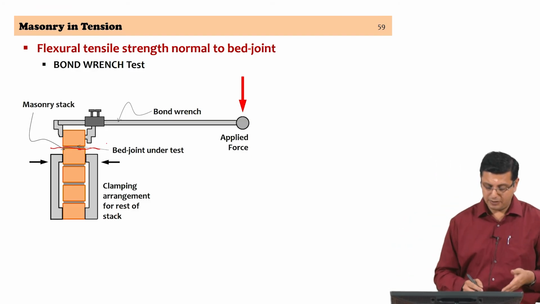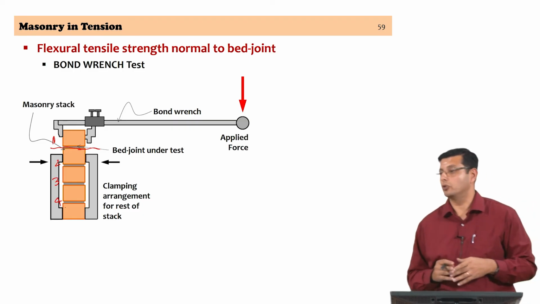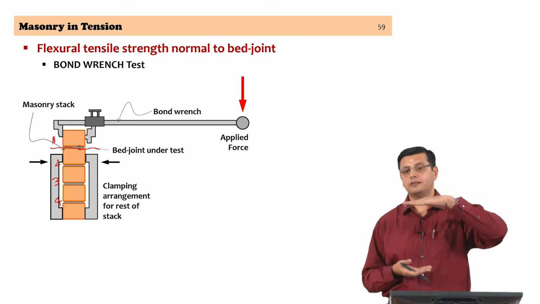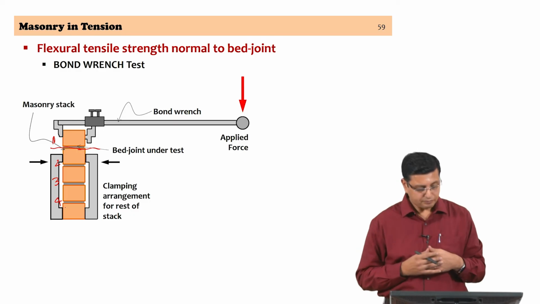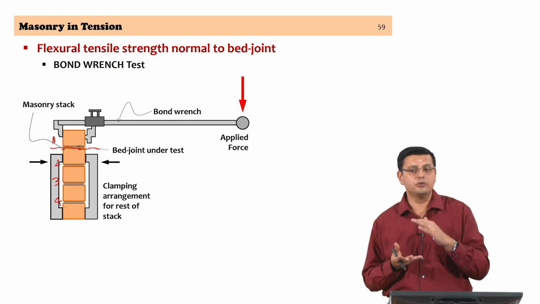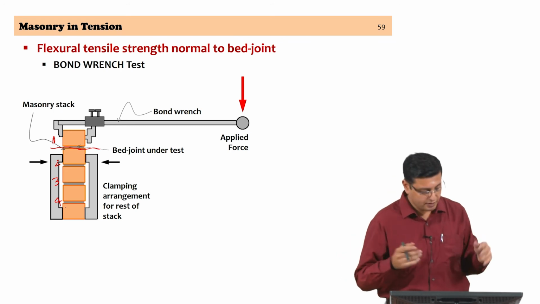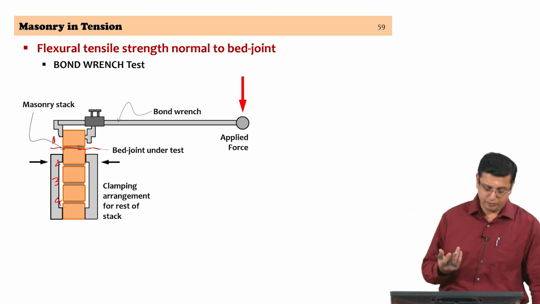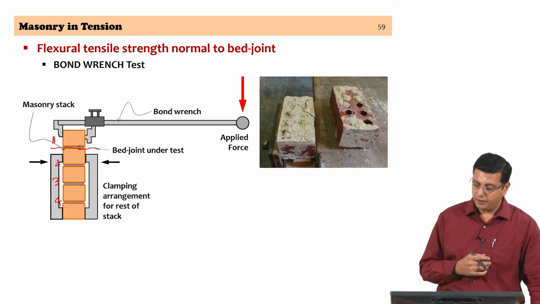So, I could use the same stack, examine this as the first joint, that as a second joint, that as a third joint, and if possible that as the fourth joint. If you make a stack that is sufficiently high, you can get about 4 tests from the same stack, and then you also try to reduce the variability that way, because it is the same mix and the same unit, the same stack within which you are getting a few tests being conducted.